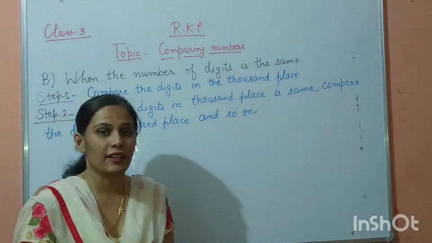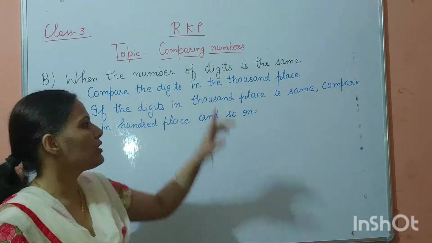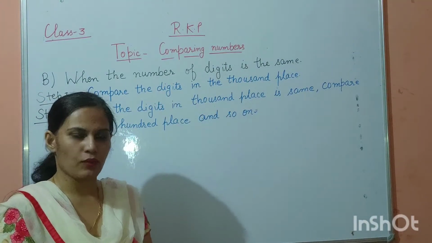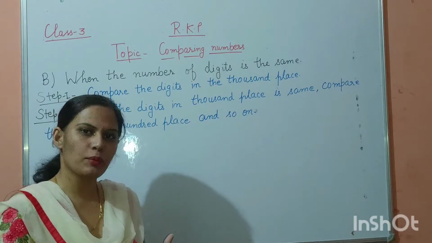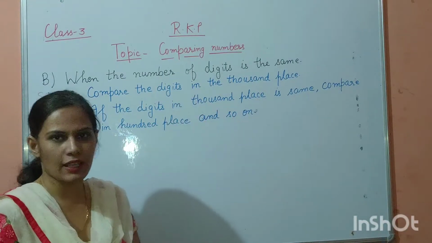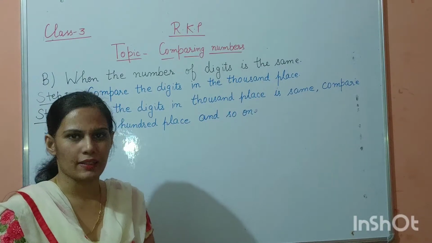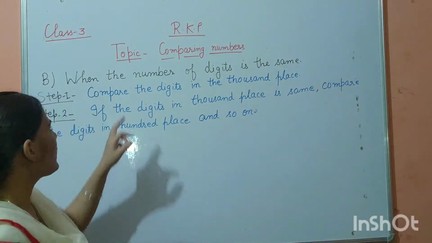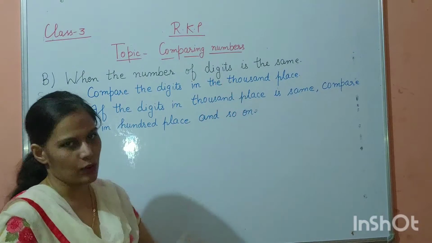Now students, we have done when the number of digits is different. Now if the number of digits is the same, then how can you compare it? First of all, compare the digits in the thousand place.